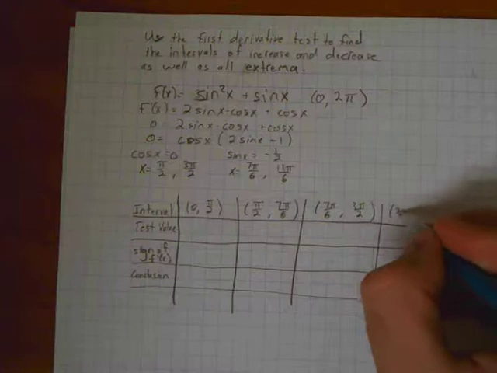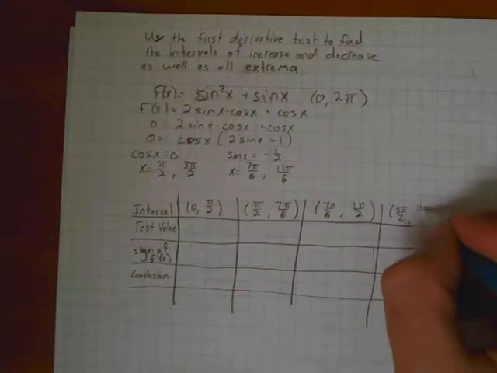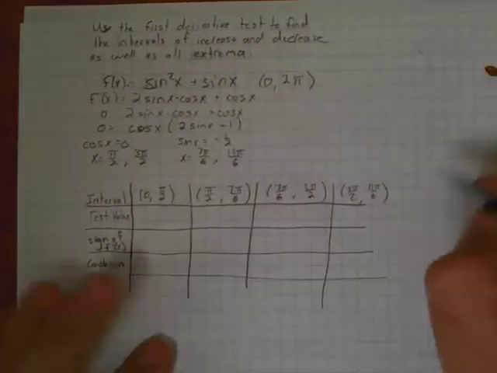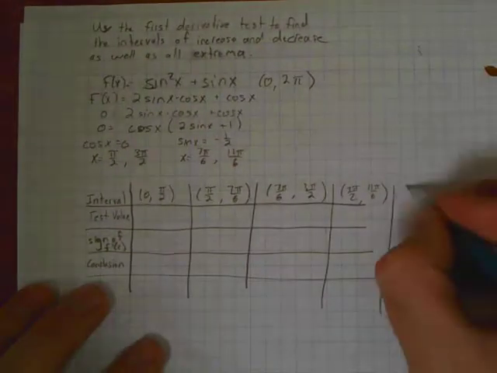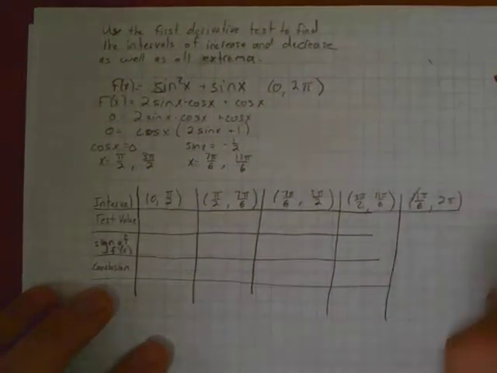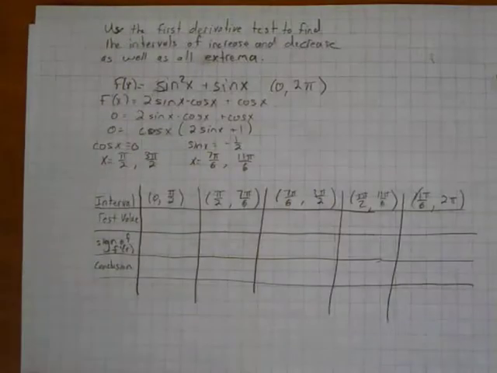And then 3 pi over 2 to 11 pi over 6. Running out of room here. And finally, 11 pi over 6 to 2 pi. Whew. This is when you know you're having fun.